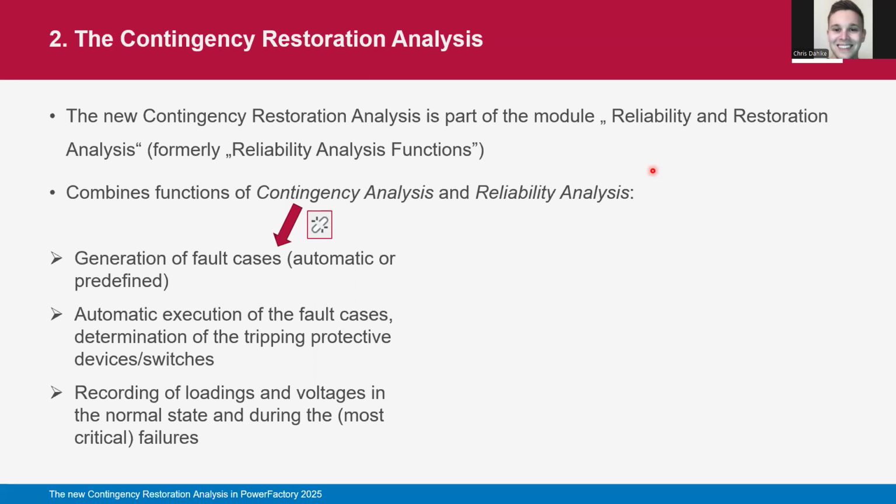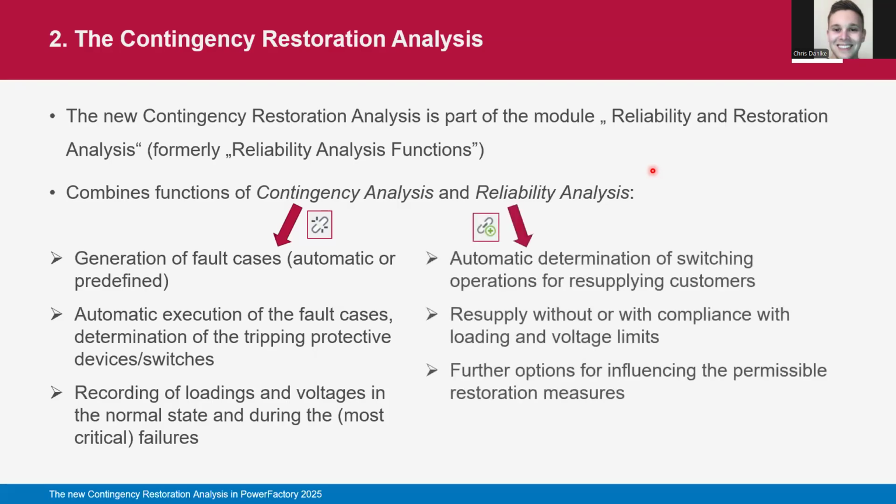However, this is not everything, because we still need the part from the reliability analysis, the restoration. This part is able to estimate switching operations that are needed for the resupply of as many customers as possible. And it's possible to define a specific aim for this restoration. I will show it in the live demonstration later on, but basically you can either say, okay, I have limits or constraints, but resupply regardless.